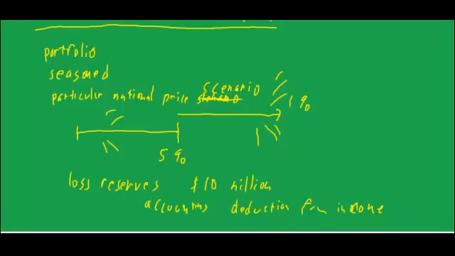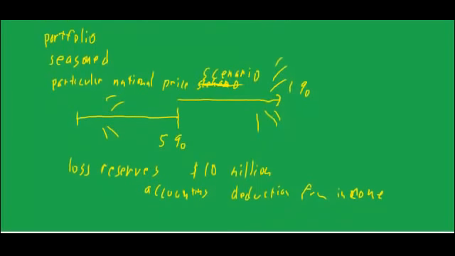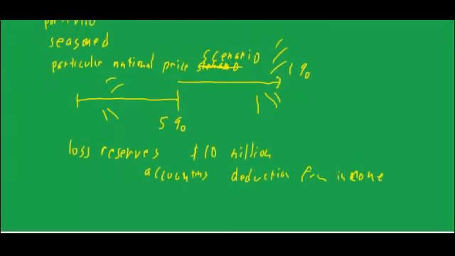Conversely, if house prices over the next year do worse than you expect in your baseline scenario, then you have to take a hit to your income. So loss reserves enter as an income factor.